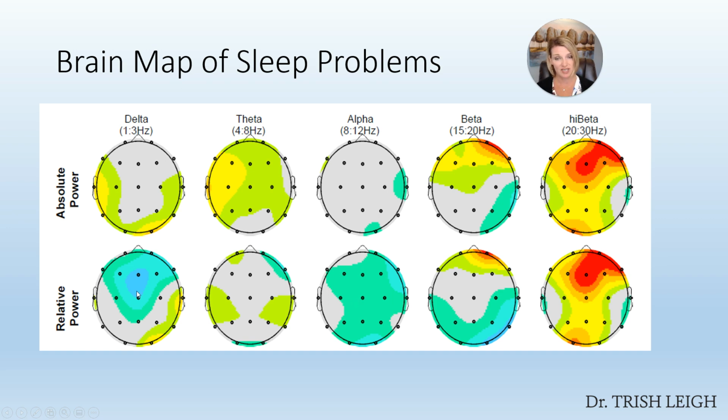And it's not using enough delta. And we know delta is important within the sleep cycle. It's the slow wave component of the sleep cycle. So in the relative sense, it doesn't have the capacity to get into delta during the sleep cycle because it's so stuck in high beta. So hopefully you understand how this brain map can impact sleep.